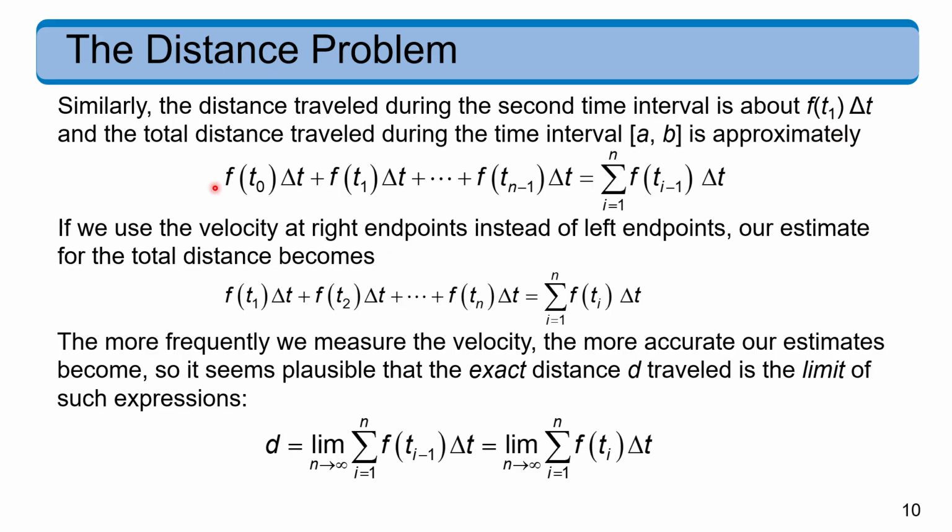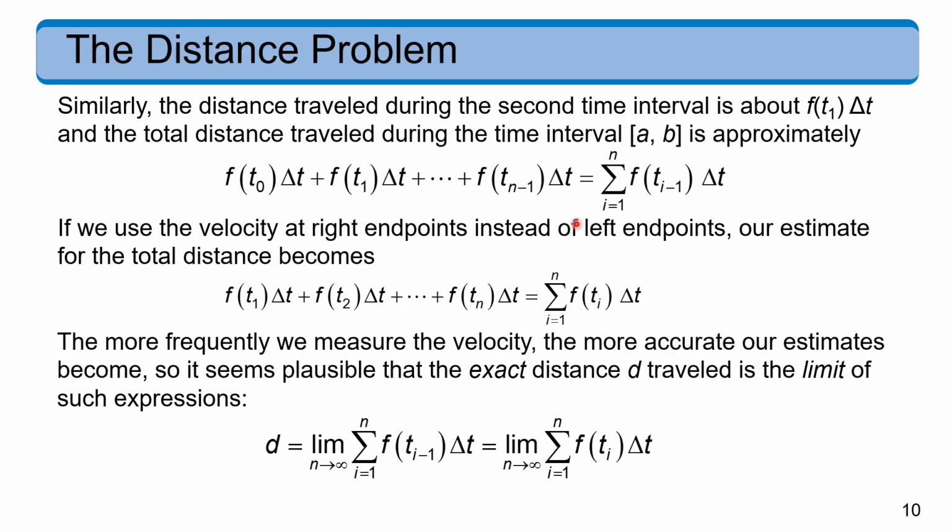And so here, this was our estimate for the distance traveled during the first time interval, and then we add to that the distance traveled during the second time interval. Keep going through all the intervals till you get to the last one. This is the beginning of the last interval. That's the time of the beginning. Plug it into f to get the velocity at that beginning time.